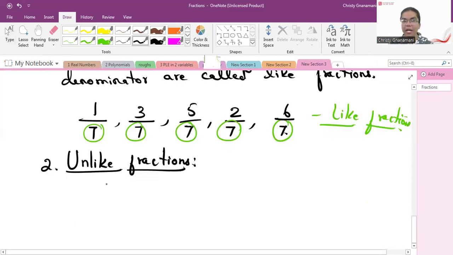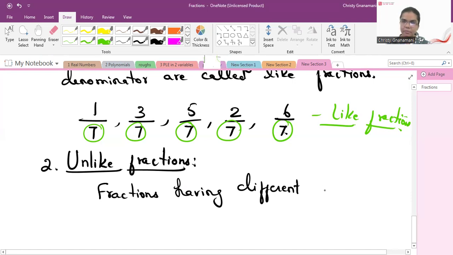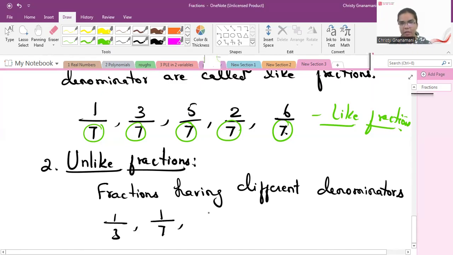Fractions having different denominators are called unlike fractions. Take for example 1/3, 1/7, 3/5. Look at all of these fractions. Their denominators are different, so these fractions are called unlike fractions.